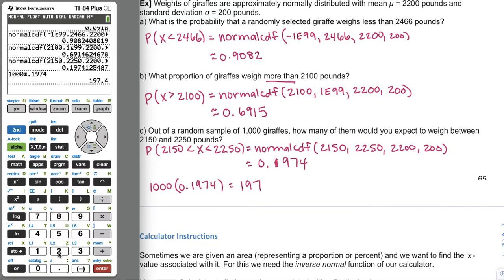So out of 1,000 randomly selected giraffes, we would expect about 197 of them to weigh between 2,150 and 2,250 pounds. So this is N times P. We discussed that in the last chapter as well.